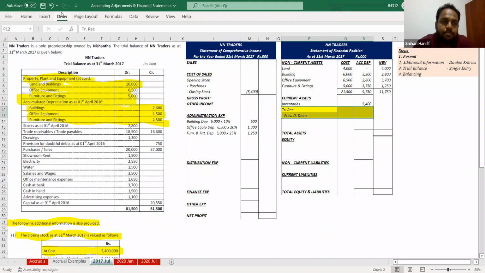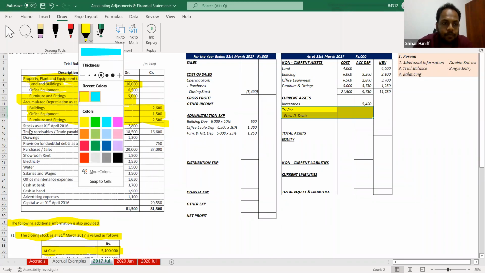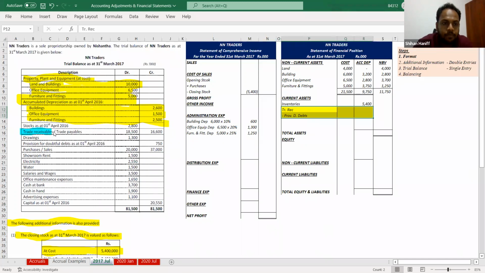And if we check the trial balance, there are trade receivables of 18,500, a debit. And there is a provision for doubtful debts of 750.